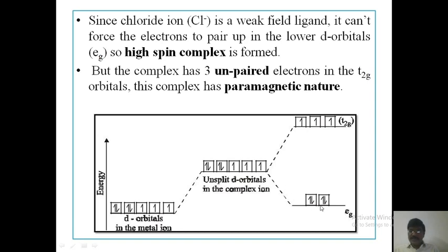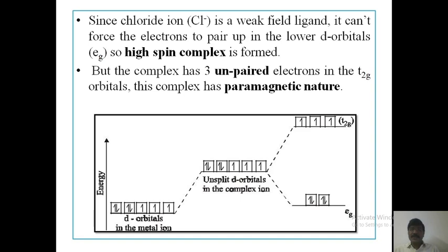Here the Eg orbitals have paired electrons, but the T2g orbitals have unpaired electrons. So that complex has unpaired electrons, so it has paramagnetic nature.